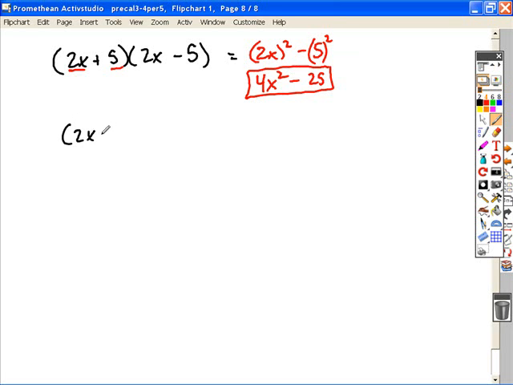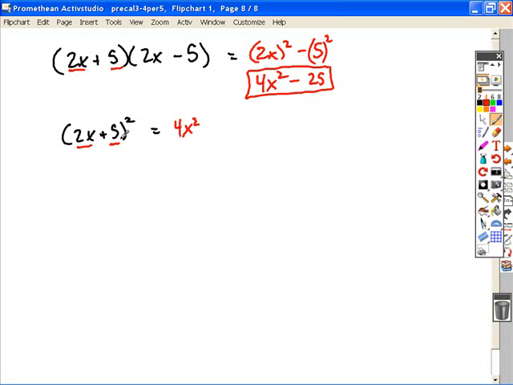Okay? The same kind of thing holds true with the binomial square. If you take a binomial and you square it, when you look at this, you should be able to see the pattern is first term squared, so 2 squared, x squared, and then it's plus double the product of the terms.